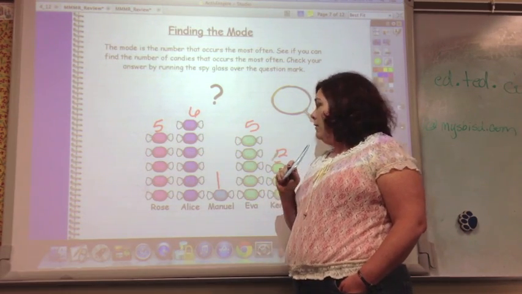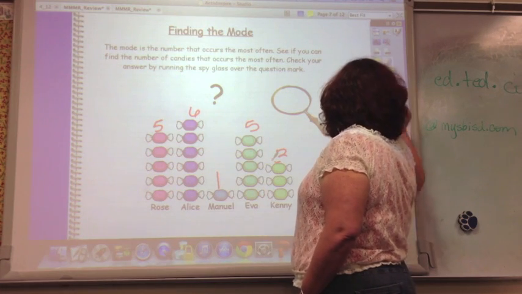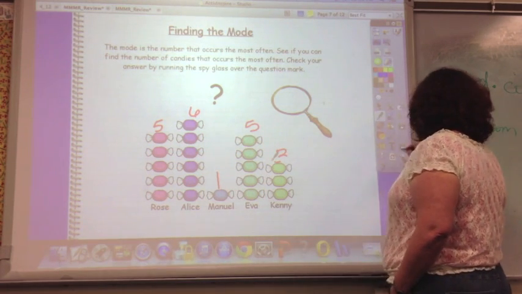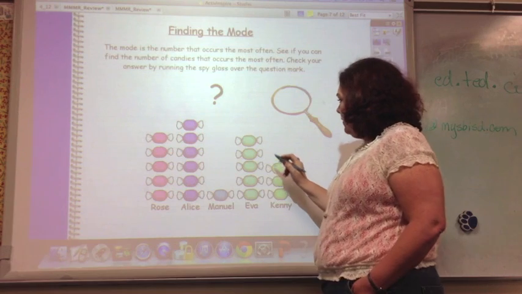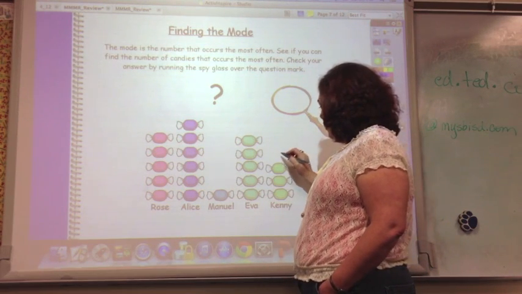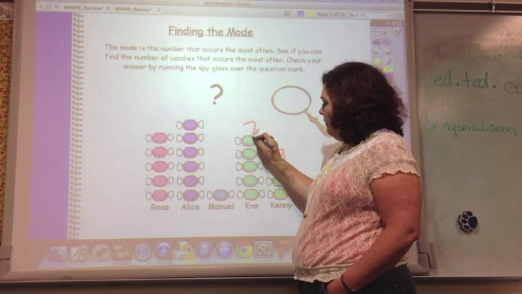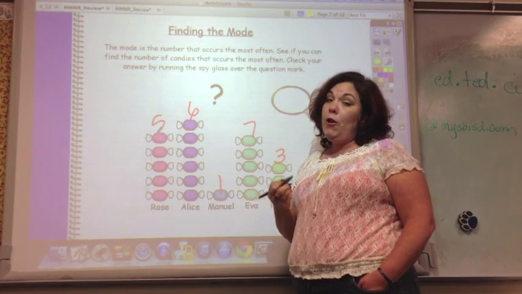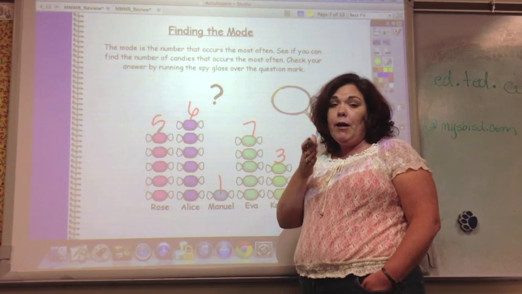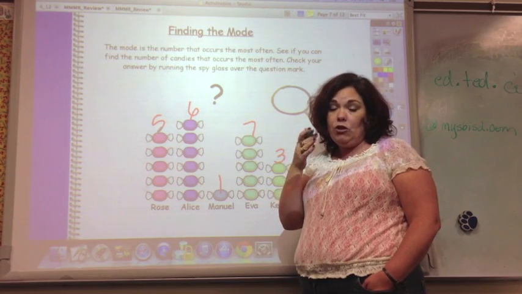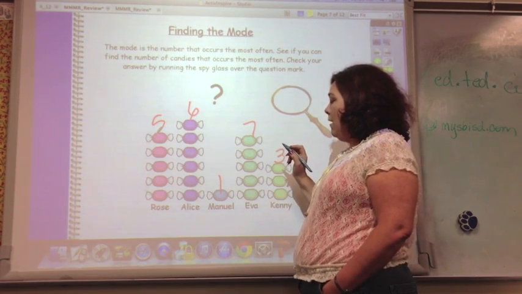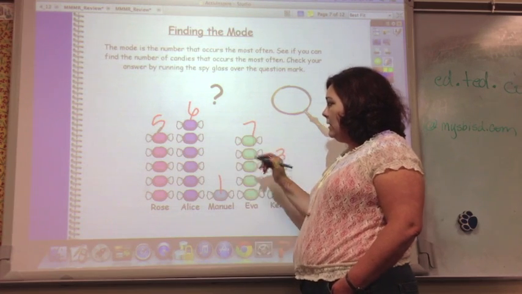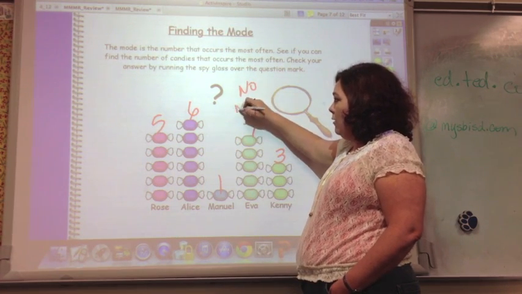Now, if this had been 3 and 7 and 1 and 6 and 5, then there is no mode. Not 0, because 0 could be a mode if it showed up the most. But the mode is there is no mode.